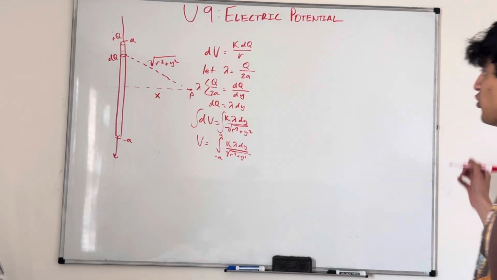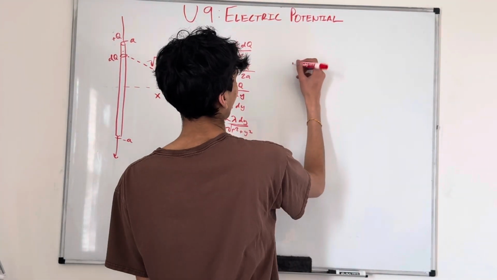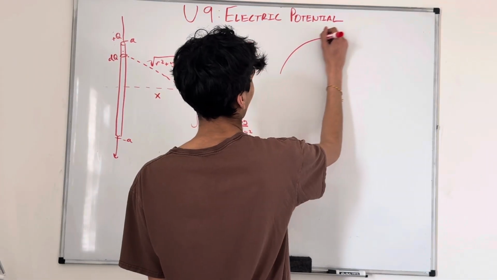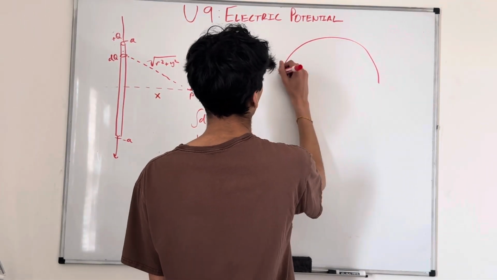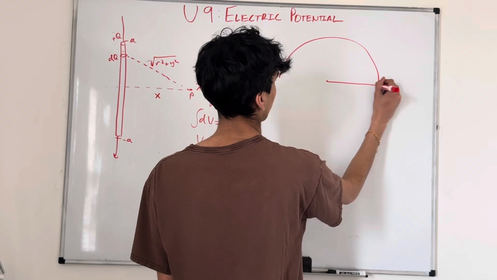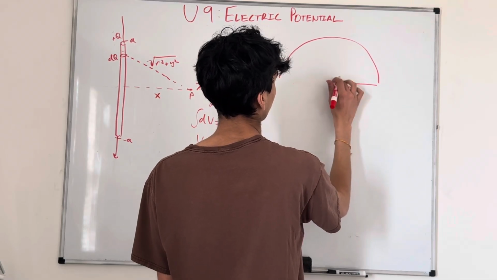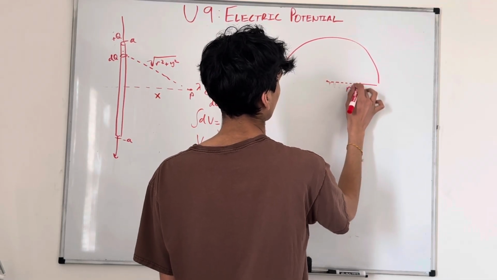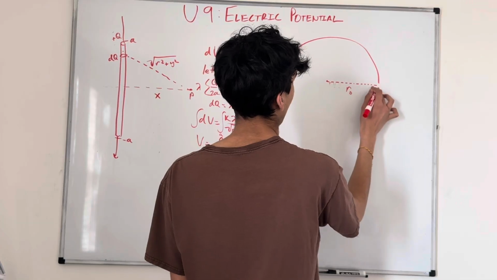You know what, let's just do a more simple one then. Pretend we had a whole ring of charge, and this is a semicircle with a radius r initial. This is not a part of it, this is just the distance.